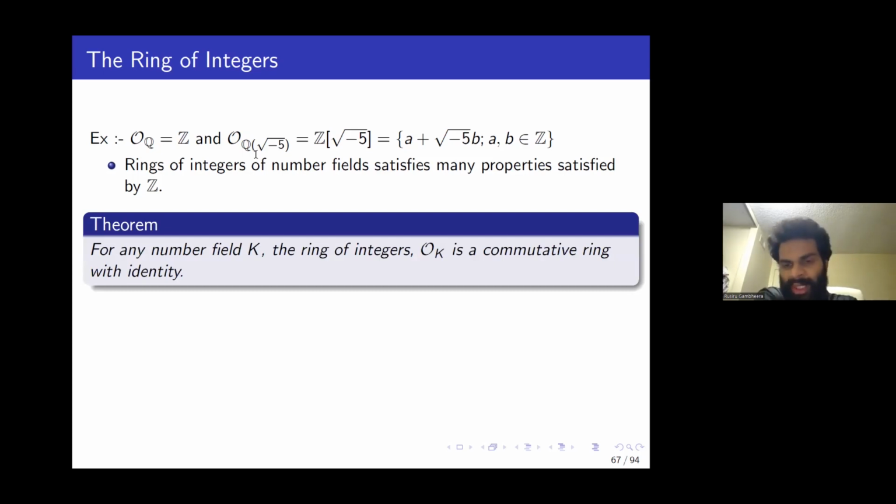This is some notation I didn't introduce, but if you are familiar with ring theory, you know what I mean. For those who aren't familiar with that, this simply means that if you add and multiply two integral elements, you again get back an integral element. So in the ring of integers you can add and multiply. That's pretty much what I mean by this.